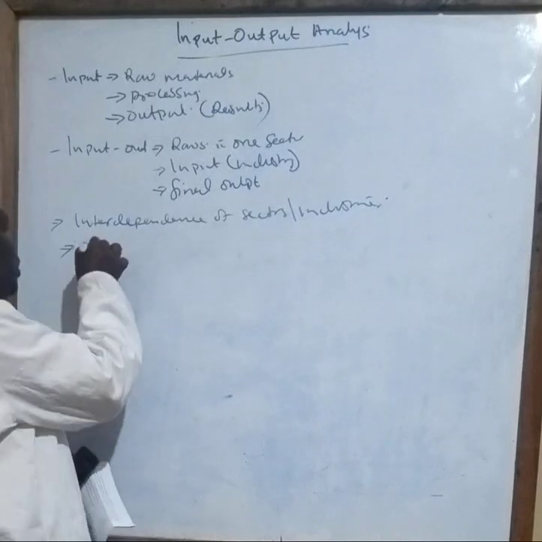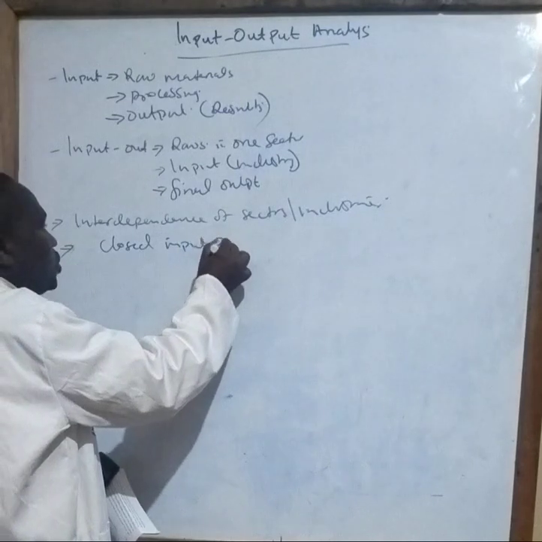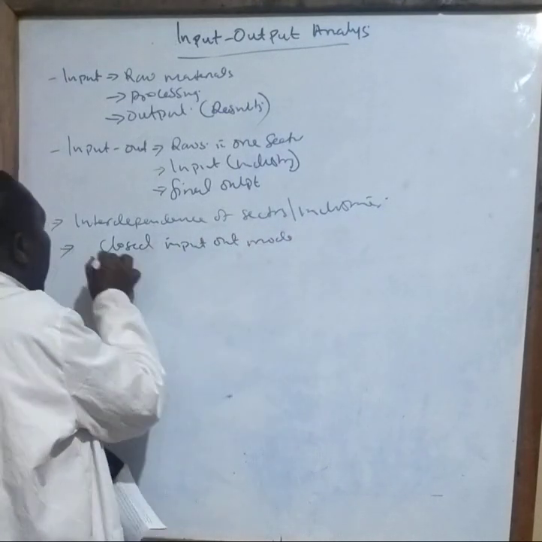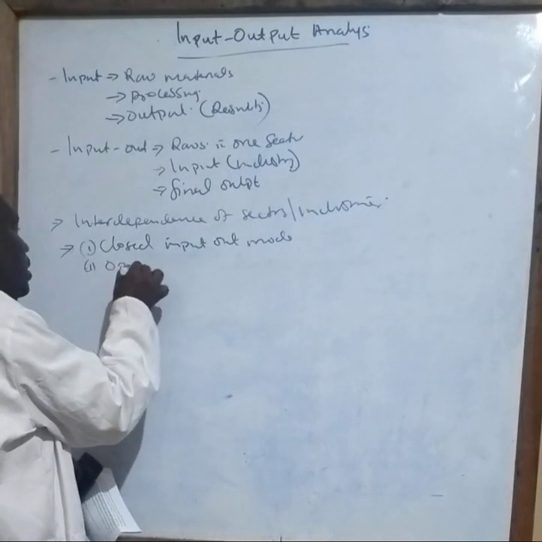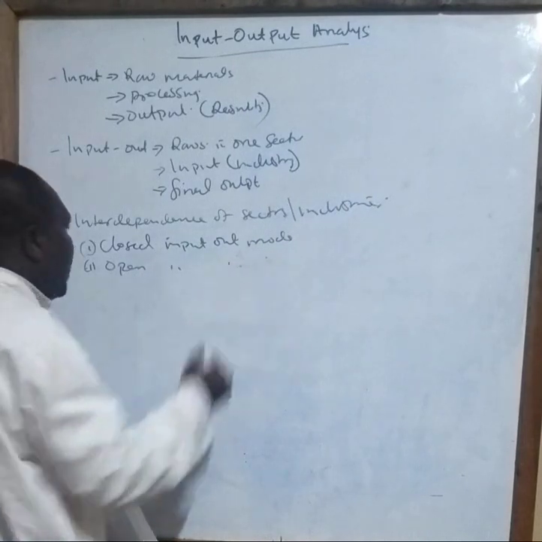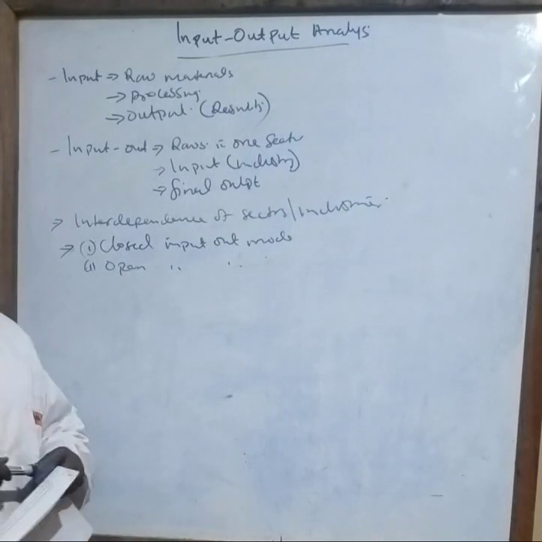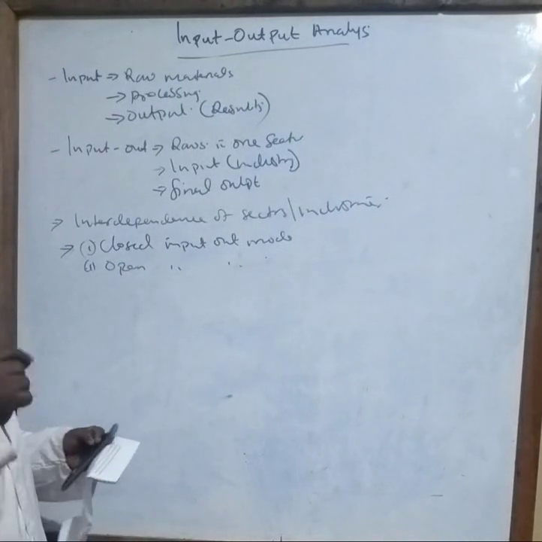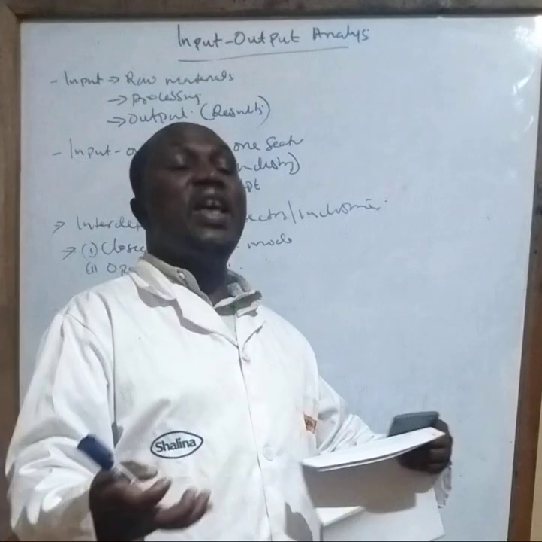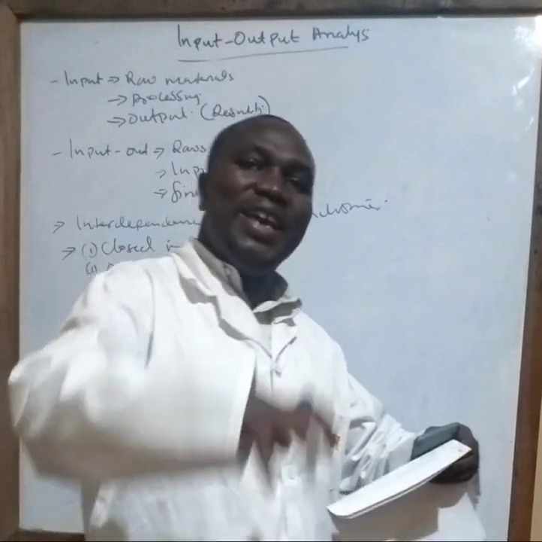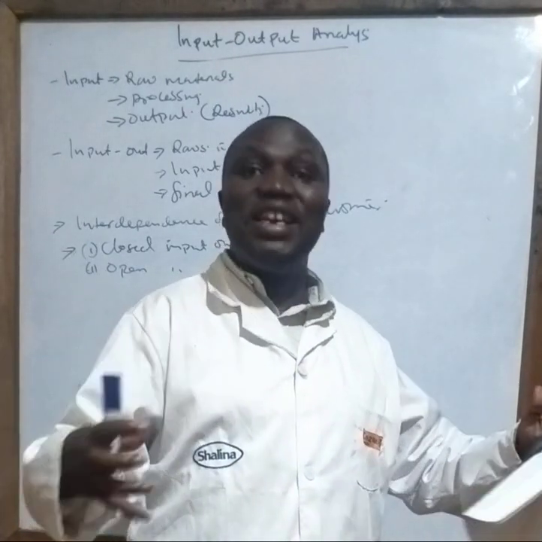One, we have what we call the closed input-output model, and then we have the open input-output model. When you are referring to the closed input-output model, we are referring to an interdependence where, when these products have been produced, they are automatically consumed by the internal sectors or industries that are interrelated.